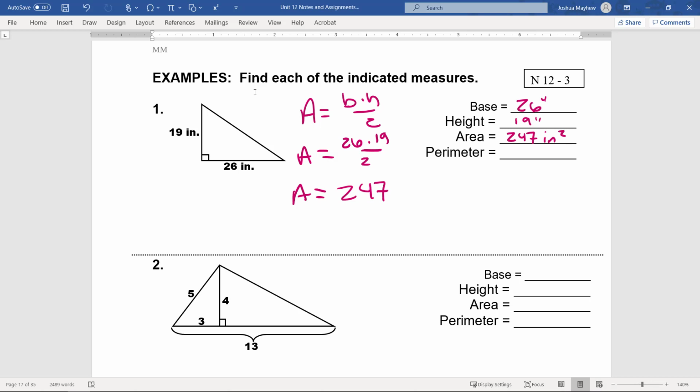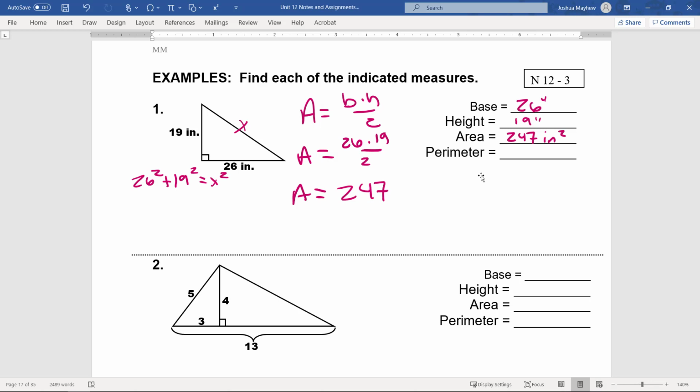Now the perimeter. Well, for the perimeter, we need to add up all the sides. Well, I don't have all of the sides. I have 2 out of the 3. It is a right triangle, so we can use the Pythagorean theorem to find the third side. I'm going to name it x. 26 squared plus 19 squared would give us x squared.